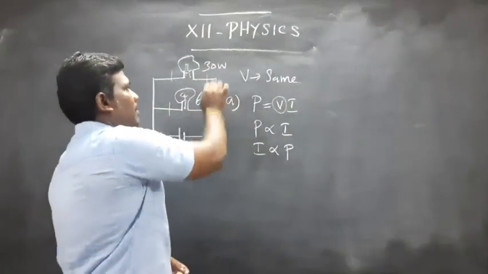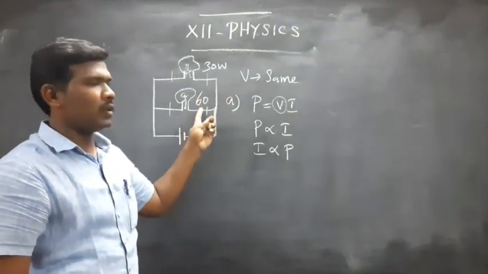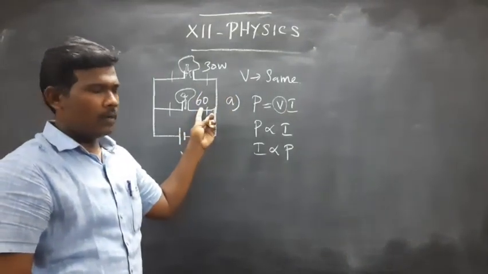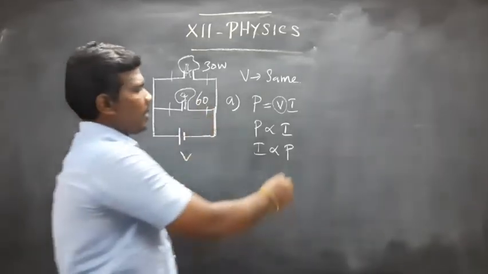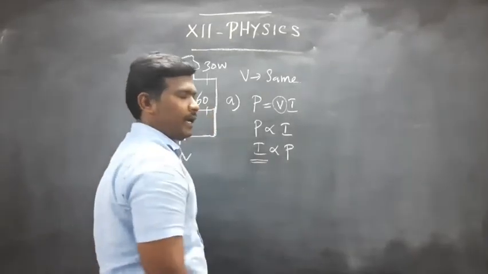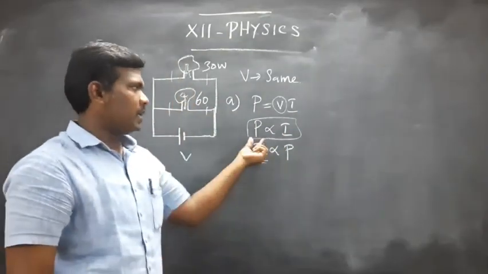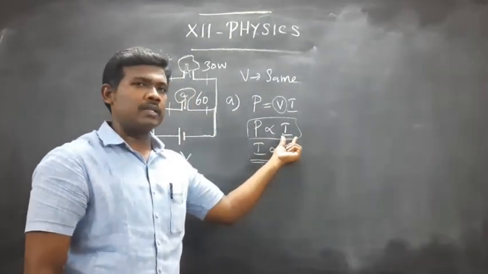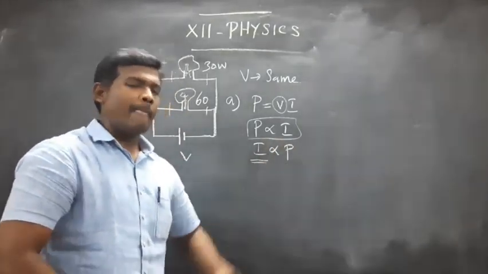Here we have the power values for the two bulbs: one is 30 watt and another is 60 watt. If the power is greater, the current value is also greater because the two quantities are directly proportional. If the current is greater, the power is also greater.